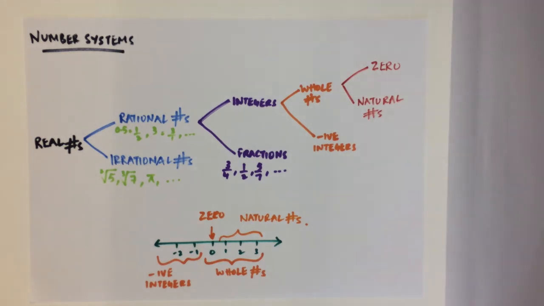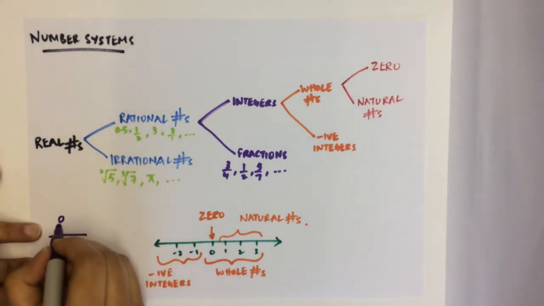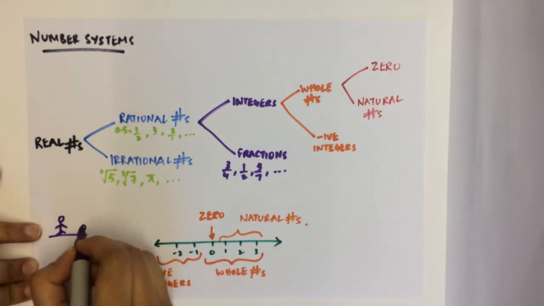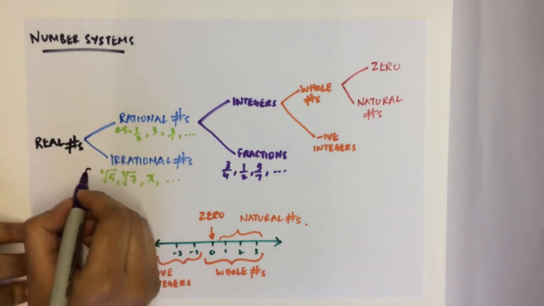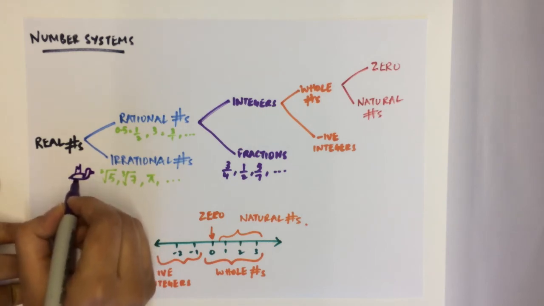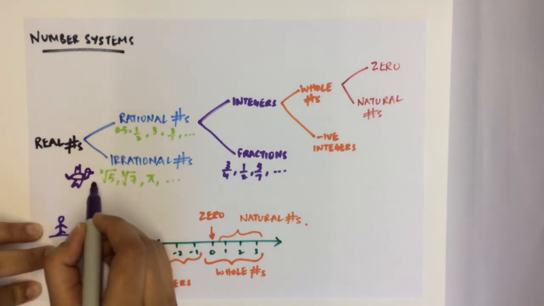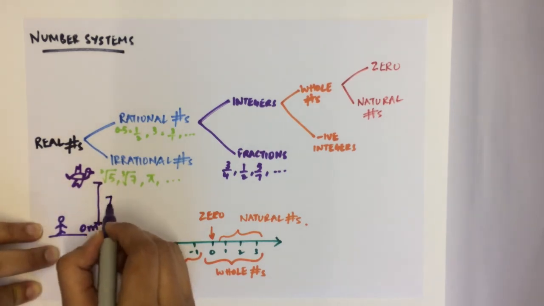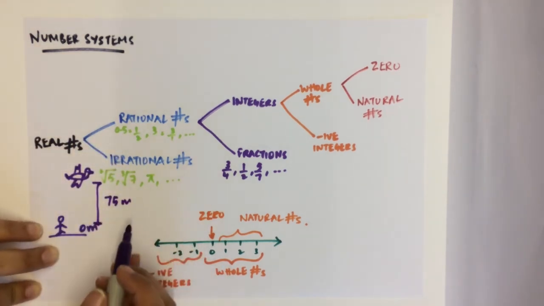To understand the negatives and the positives, I'll quickly run you through an example here. For example, that's a man standing at level ground, which is 0 meters. If he sees a bird flying in the air, which is say maybe 75 meters above the level ground, so we just write 75 meters.